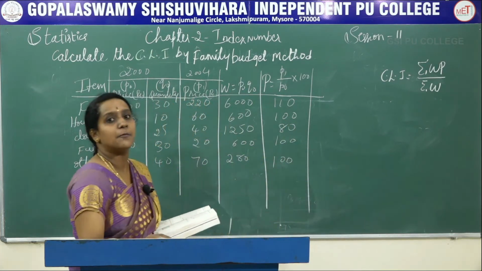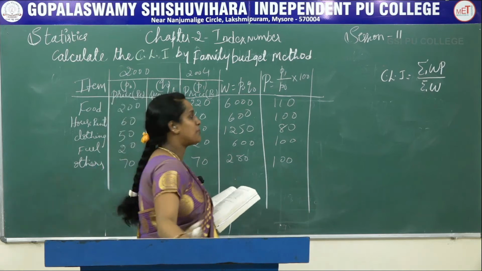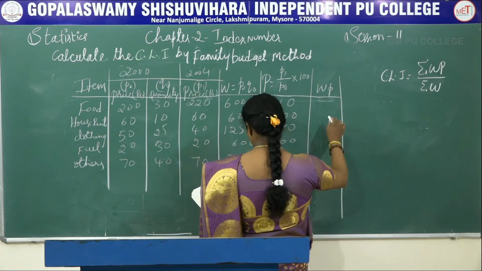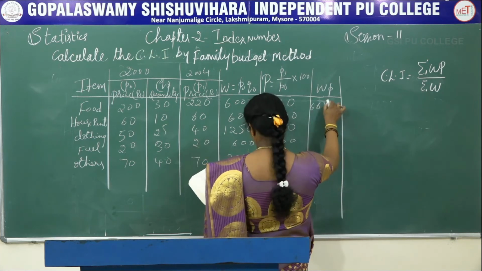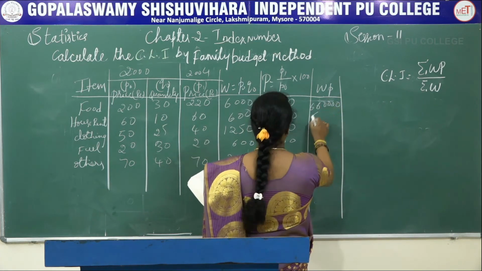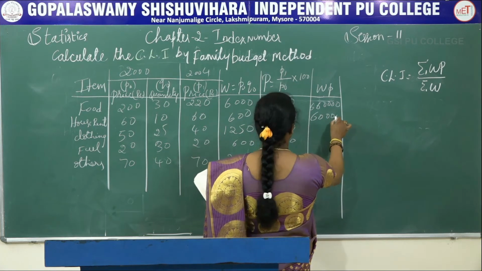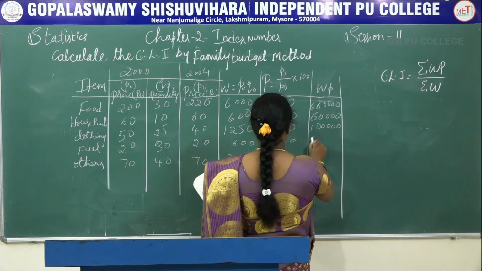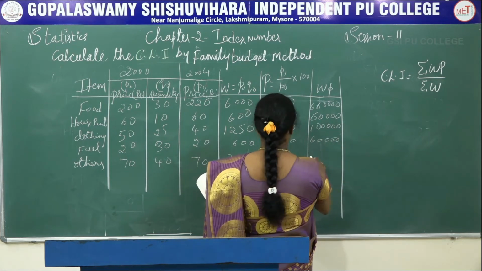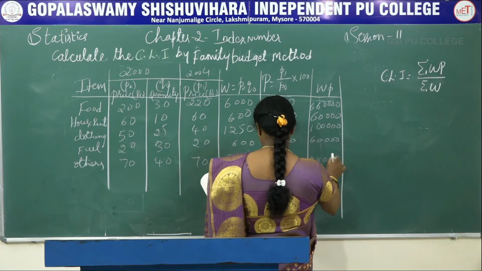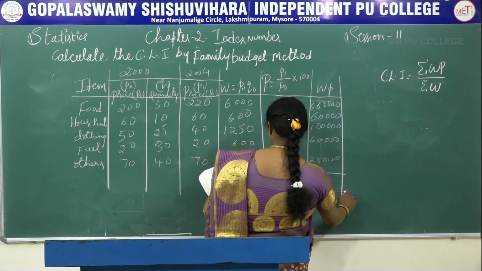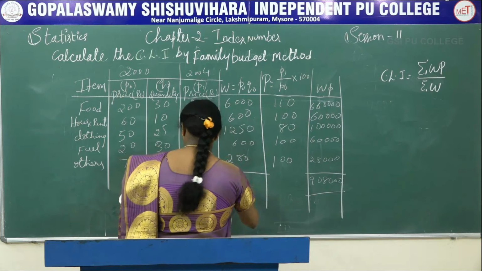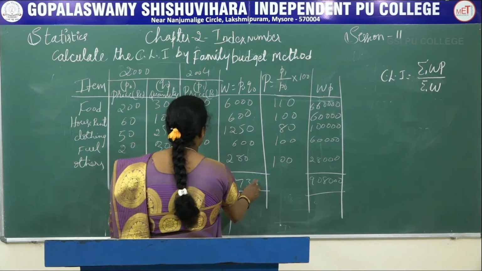After finding the P value, we have to take the product of W into P. And this total is 908,000 and W total is 8730.